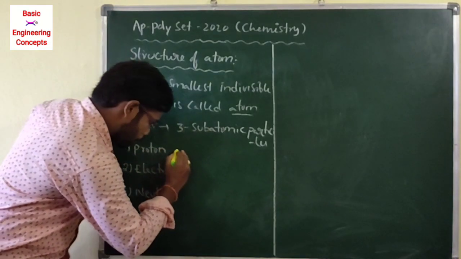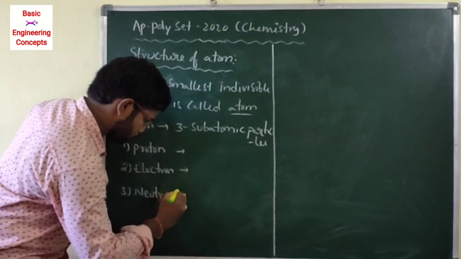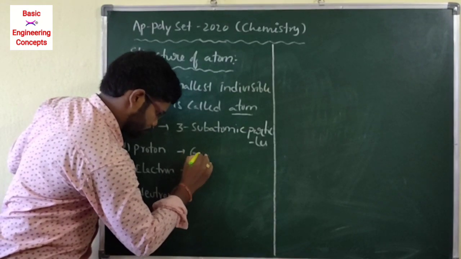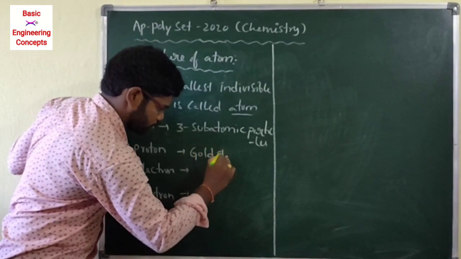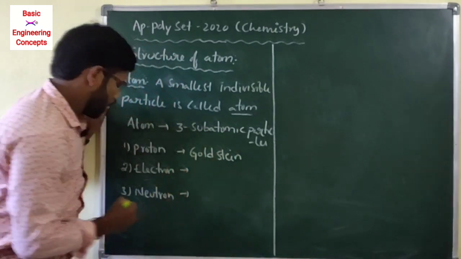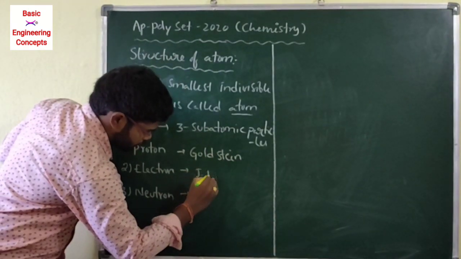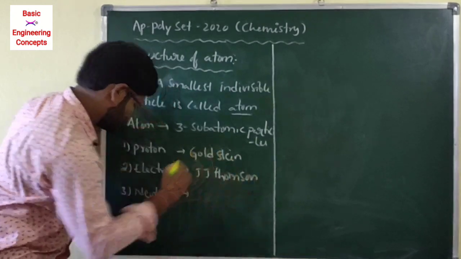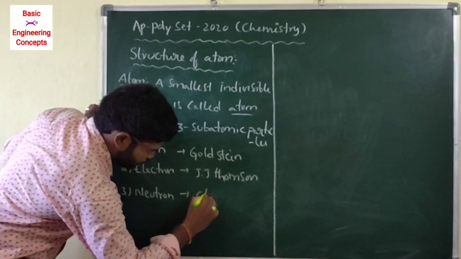Now, proton was discovered by Goldstein. Electron was discovered by J.J. Thomson. Neutron was discovered by Chadwick.